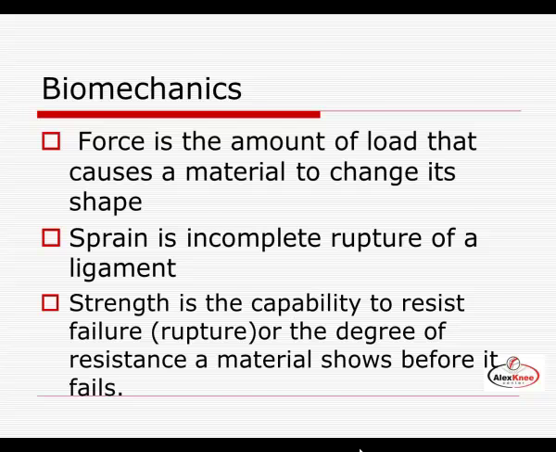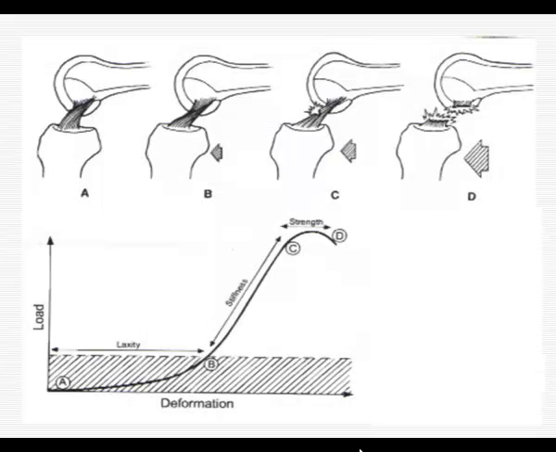This is the strength. And have a look at this graph. This is the relationship between load and deformation. As the load increases, the deformation increases. Between the points A and B is the laxity. This can be normal. When the load increases to this extent, the ligament can deform and withstand this small amount of load without any abnormalities.